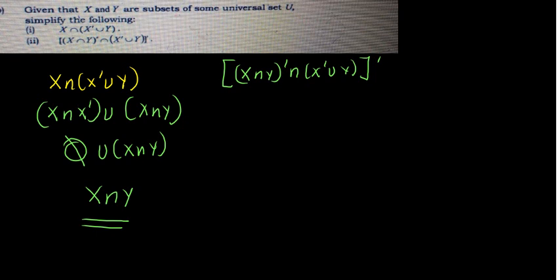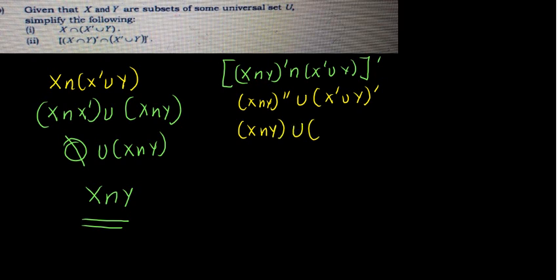So what we are going to have is x intersection y, and then we're going to have two complements. Remember, according to De Morgan's law, the sign is always supposed to change. It becomes union. And then we're going to have x complement union y, and then a complement comes there. And you know, when you've got two complements together, what happens? They cancel. So just have x intersection y, and then you have got union.